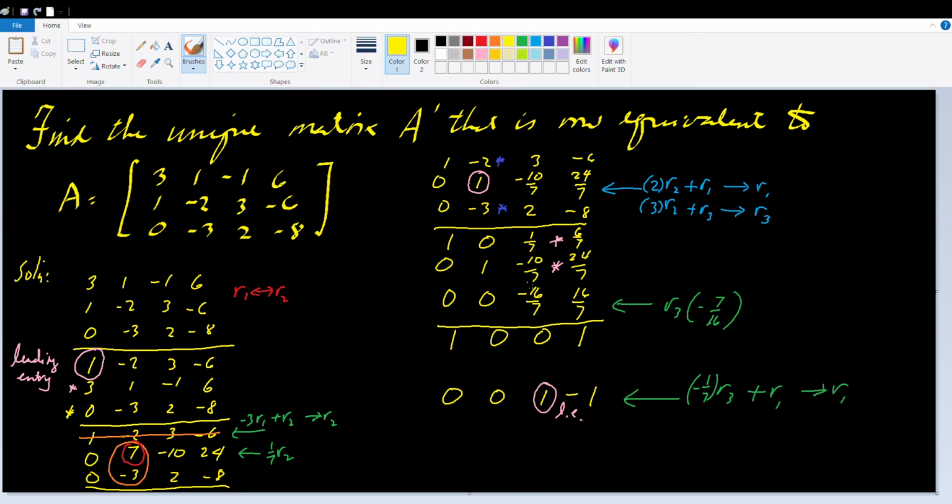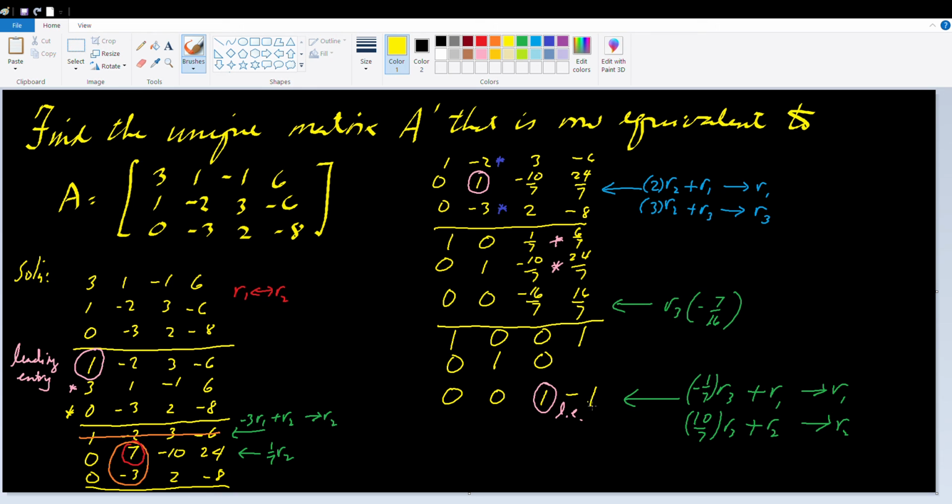Next, negative 10 over 7. So the additive inverse is positive 10 over 7. Multiply it to row 3 and add it to row 2, returning back to row 2. So 0 times 10 over 7 is 0, plus 0 is 0. 0 times 10 over 7 is 0, plus 1 is 1. 1 times 10 over 7 minus 10 over 7 is 0.